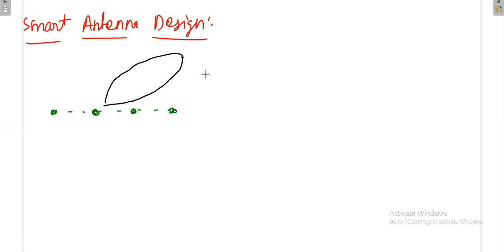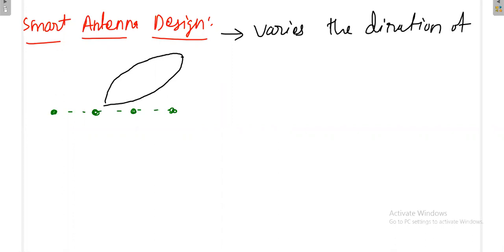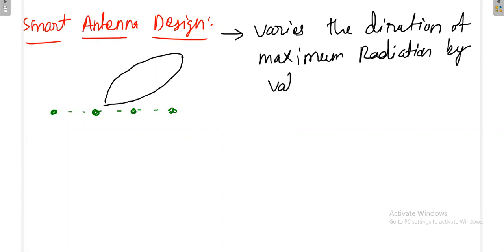So the aim of smart antenna design is to vary the direction of maximum radiation pattern electronically.